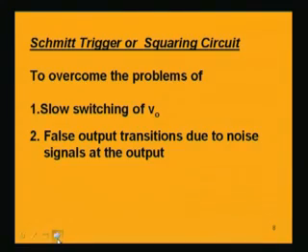So, we have another circuit which is known as Schmitt trigger. This is also a squaring circuit, but it overcomes the problem of slow switching of the output voltage and false output transitions due to noise signals at the input.